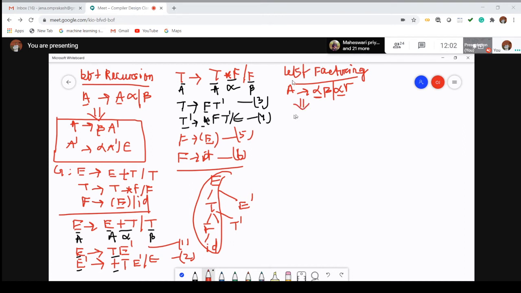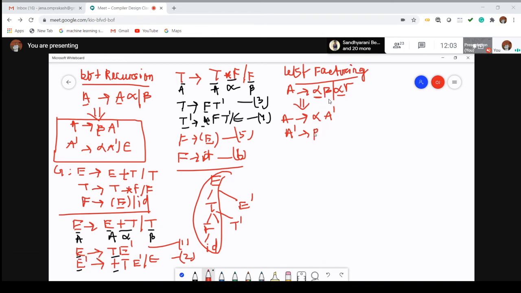If any production is of this form, after applying left factoring it will be converted to A2. On both sides it will be alpha. Let me take alpha here. What is the remaining value? Let the remaining value be A dash. If I take alpha out, the remaining value is either beta or gamma. So I have represented it as A dash.